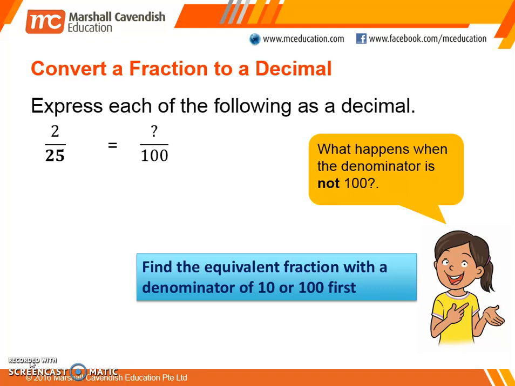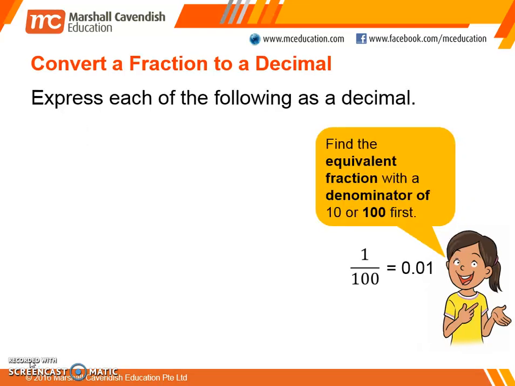Check your answers. Did you multiply the numerator and denominator by 4? If you did that, you would have gotten 8/100. And that would have given us 0.08. Let's move on, shall we?